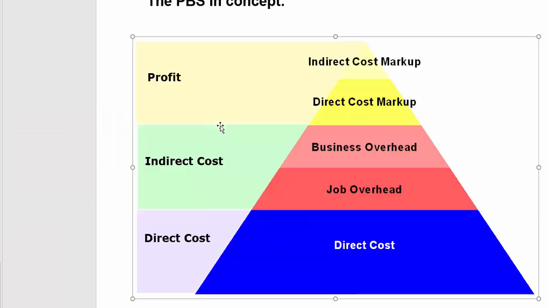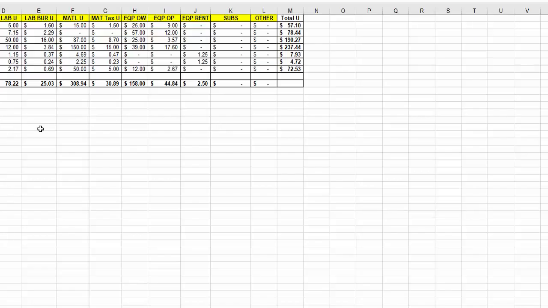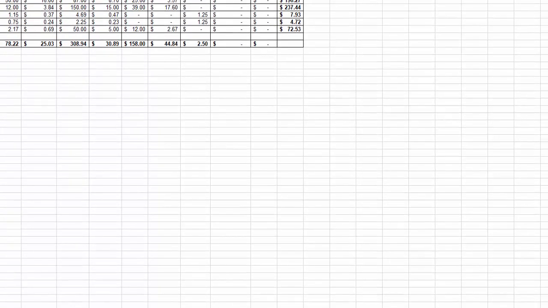So let me give you an example of a comparison between the cost breakdown structure and the price breakdown structure. So here we are. This is a spreadsheet example. These are cost items. It could be a list of materials. If you want to start out thinking in those terms, list all your materials there. You're starting to build a cost breakdown structure.